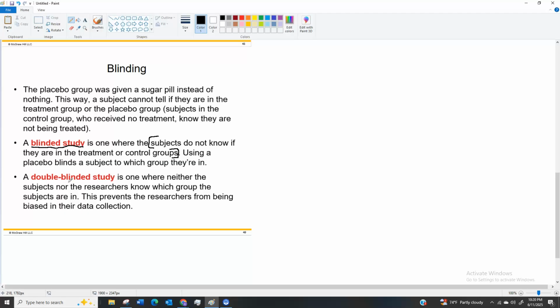Now, even better than a blinded study is what's known as a double-blinded study. That's when neither the subjects nor the researchers know which group the subjects are in. You say to yourself, well, how does that happen? Sometimes you have a third party do the assigning, and what you're giving to the participants as a treatment looks identical.